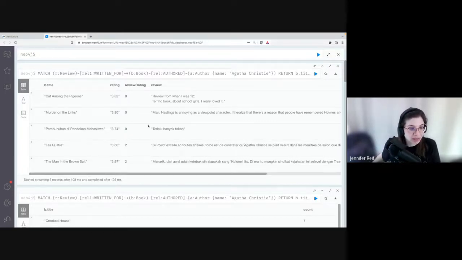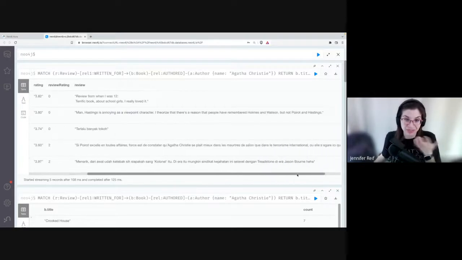And there's a couple that we may have to translate. I'm not familiar with French, and I'm not exactly sure what language that is. But you can see that this one here is actually a negative review. So they don't like Hastings as a character. There's a reason that people remembered Holmes and Watson, but not Poirot.